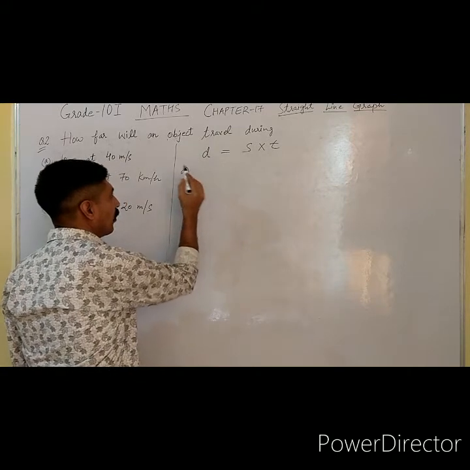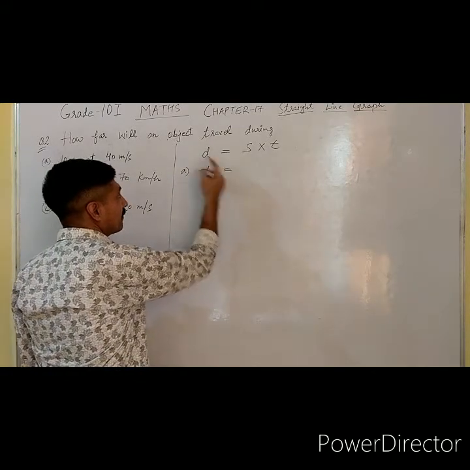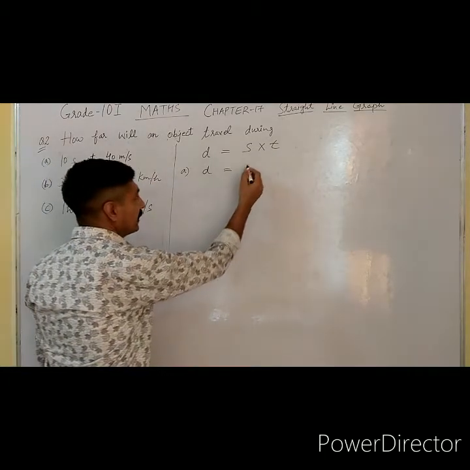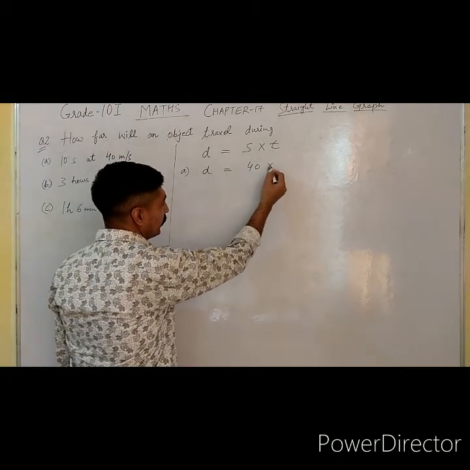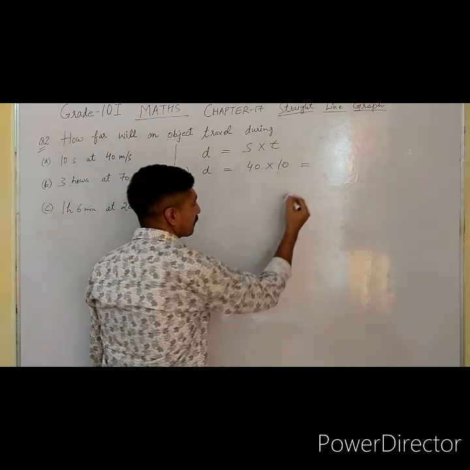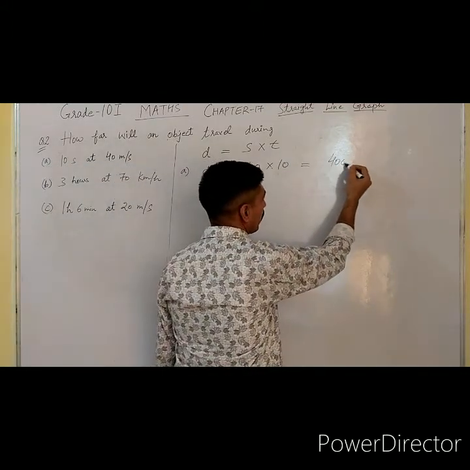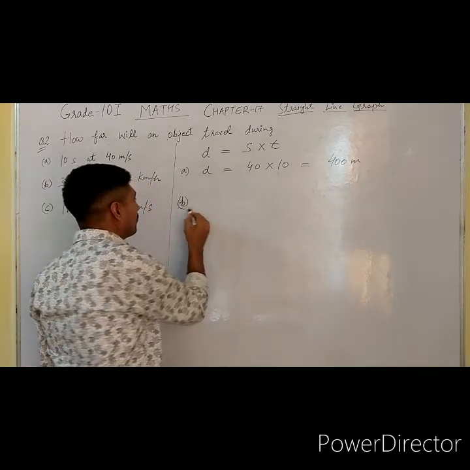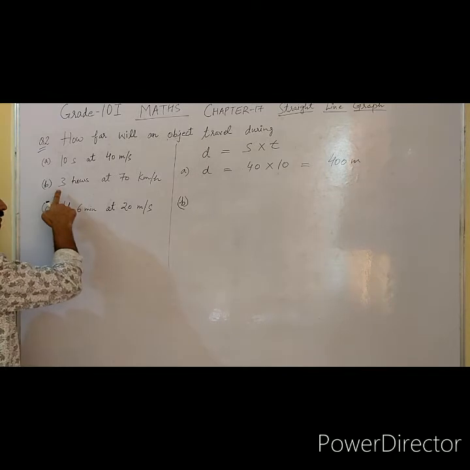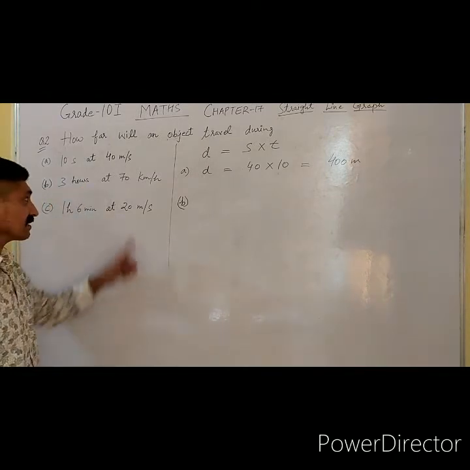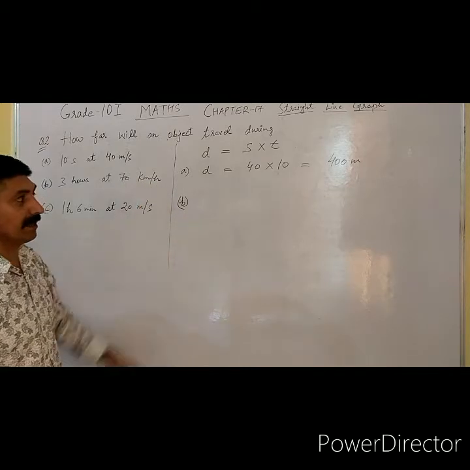So in the first part, the object traveled a distance equal to 40 into 10, that is 400 meters.